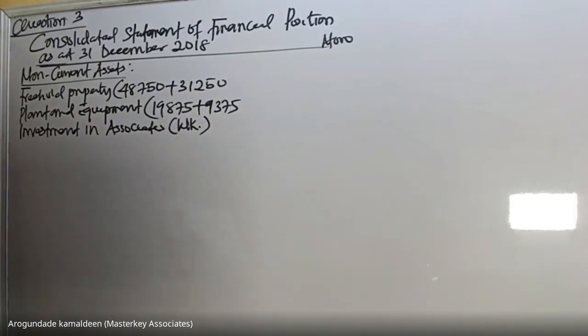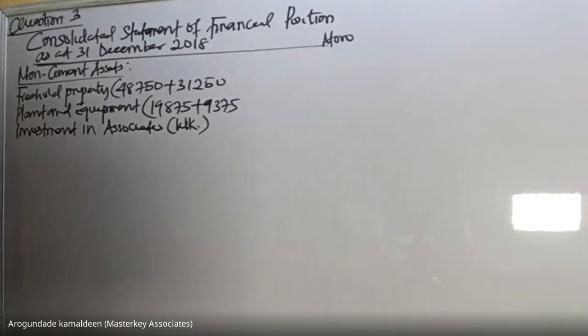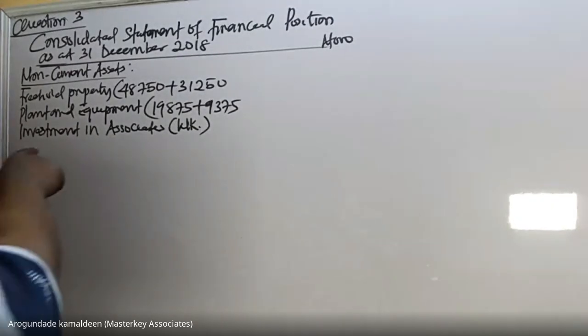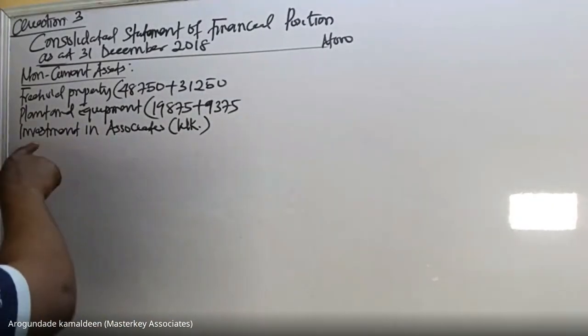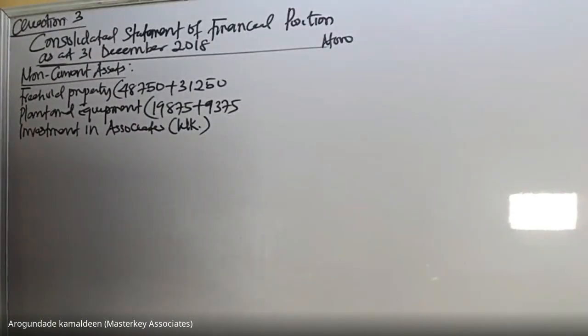Are we there, class? That is the only line that will represent all our investment in associates. A single line. So we are going to calculate this. Next, we move to the current assets.